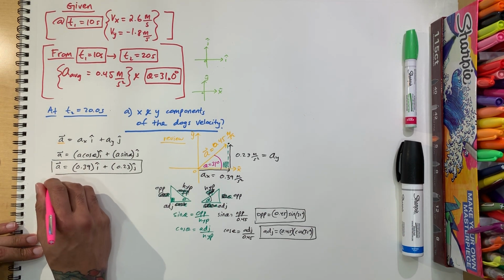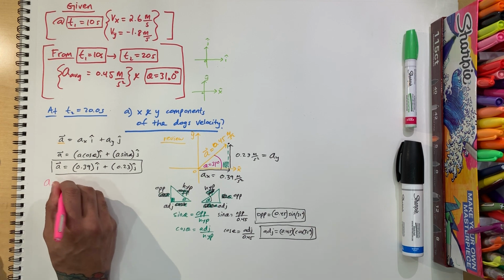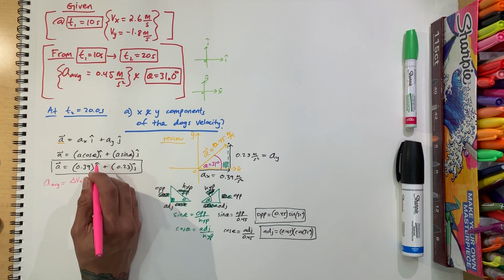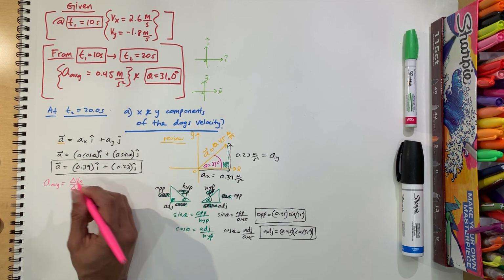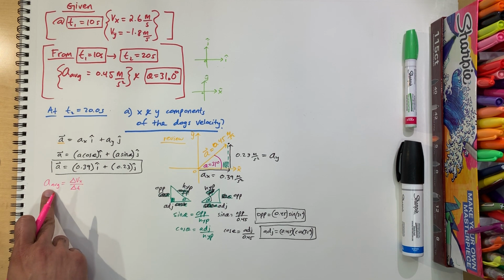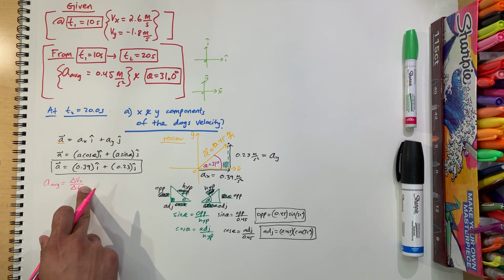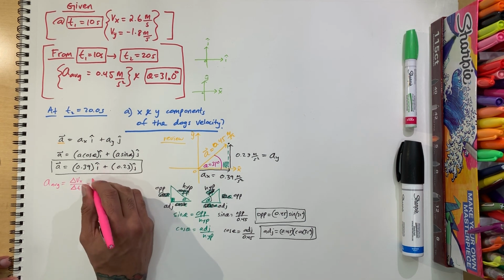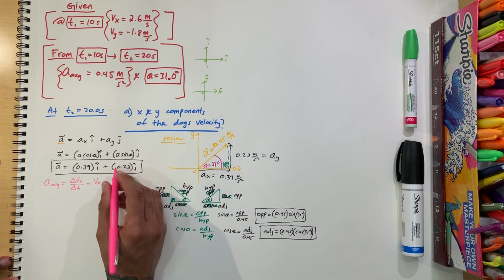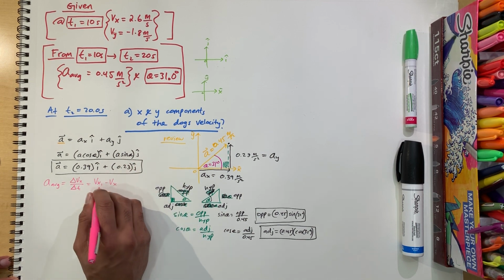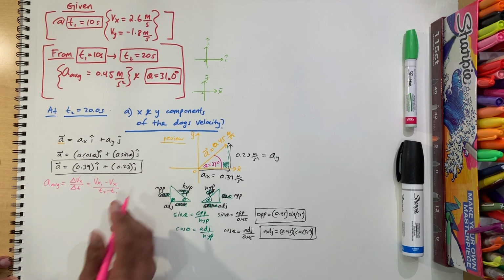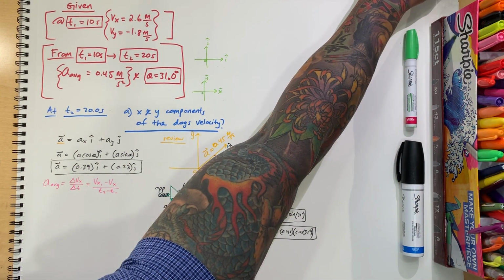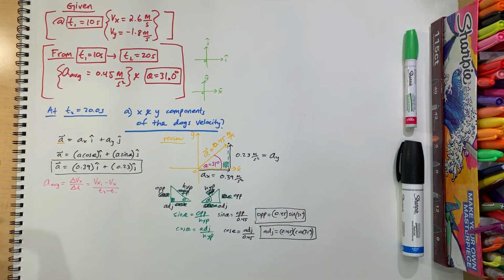So the formula we're going to be using is the average acceleration, which is the change in velocity x over the change in time. I'm going to do x first, and then I'm going to do y down here. So this is going to be vx1 minus vx over t2 minus t1. Don't get it confused here. Let me write it out here.